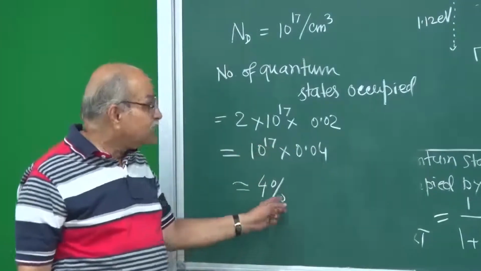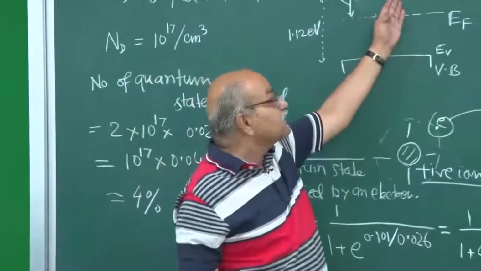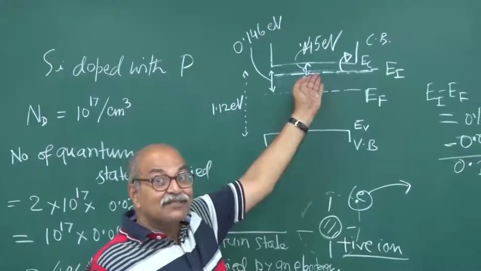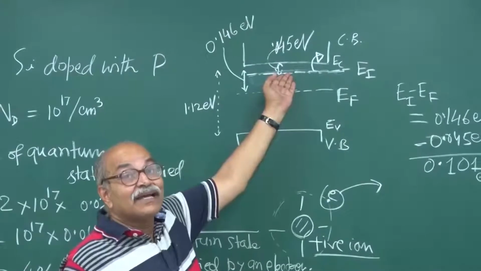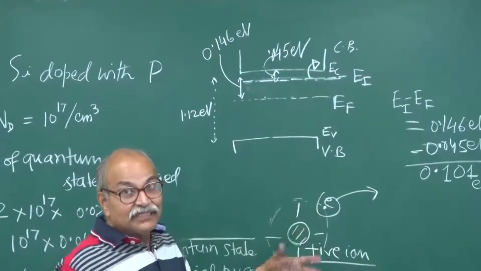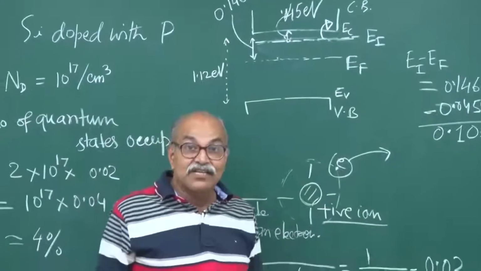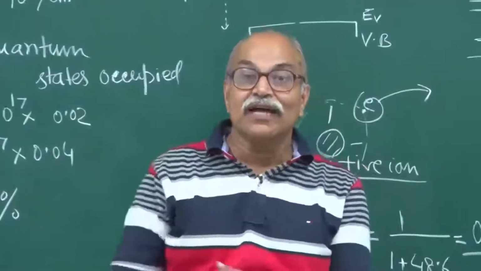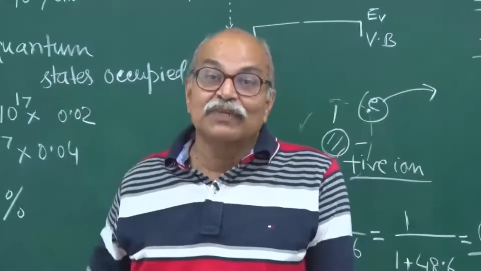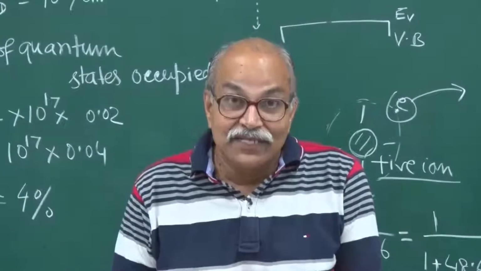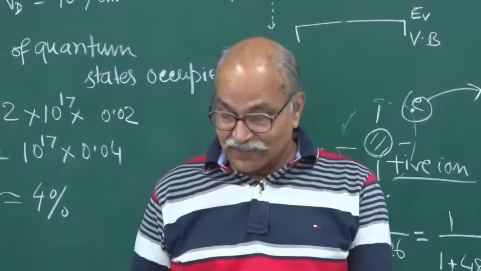So those many electrons are still here in the impurity level, and if the electron is here, that means the donor atom is not ionized. So the fraction of these donor atoms which are not ionized is 4% only. 96% have already ionized. That is this question.